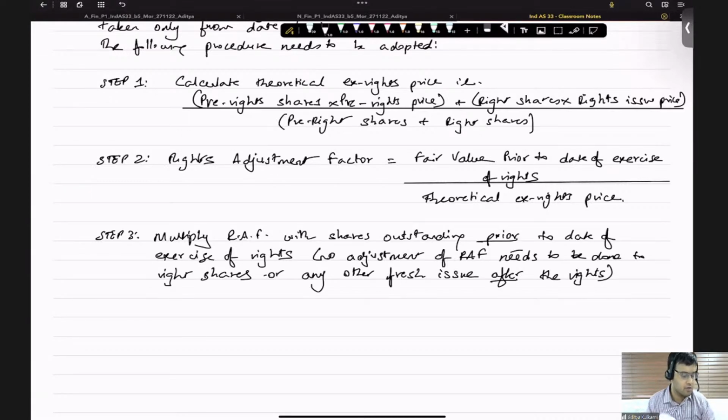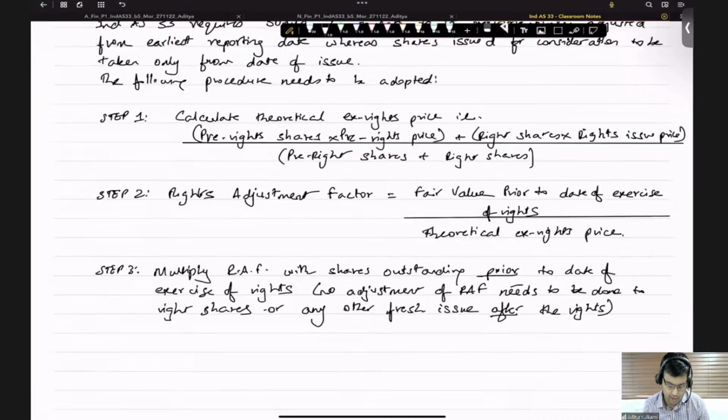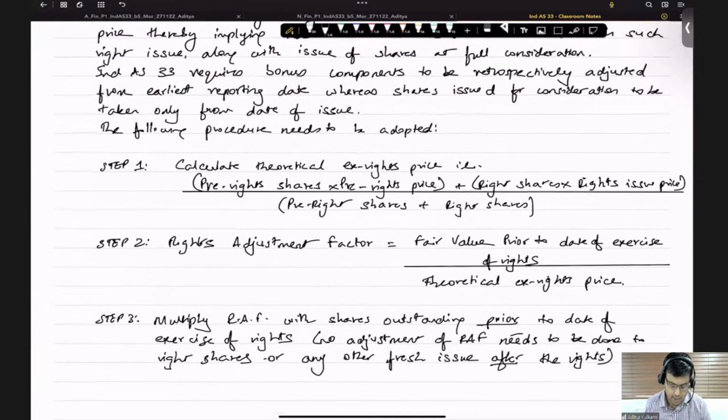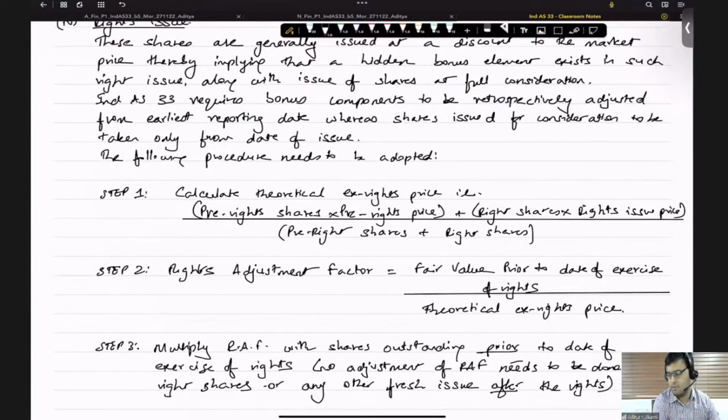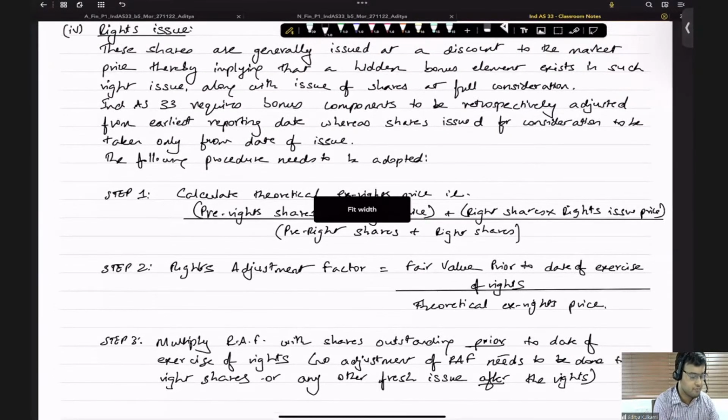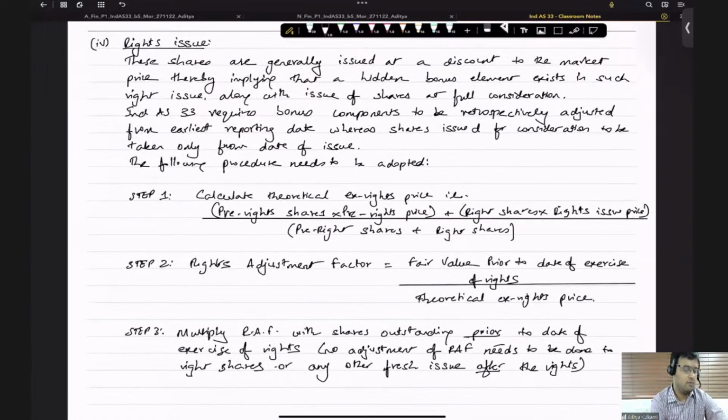So that takes care. Once you have finished writing this, let me know. We shall then proceed further.